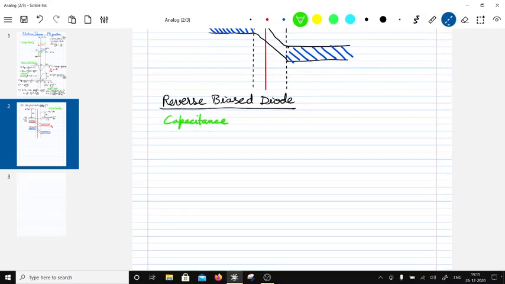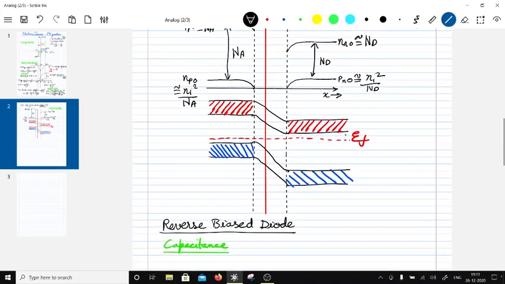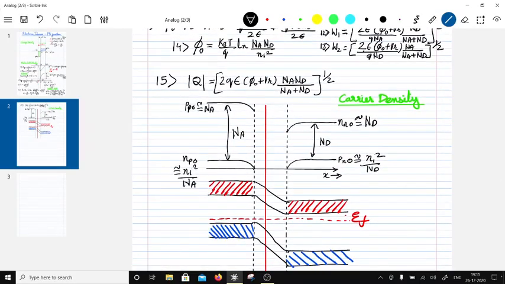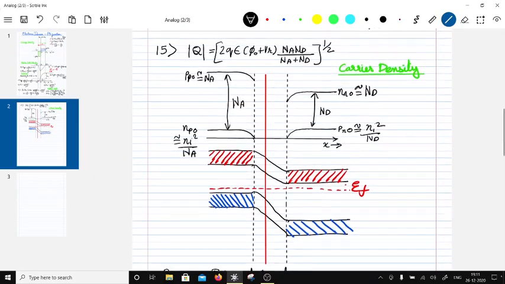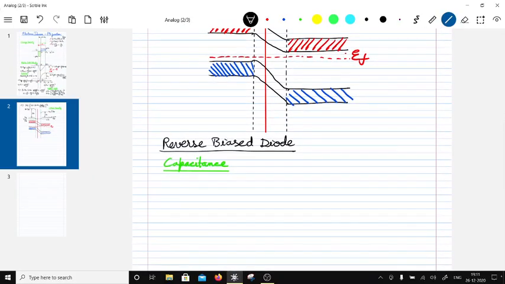To get the capacitance, all you have to do is take the charge equation, which is over here, 15, and differentiate this with respect to VR, right? So I am going to get CJ. CJ is dQ by dVR.